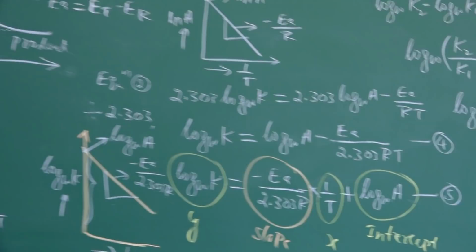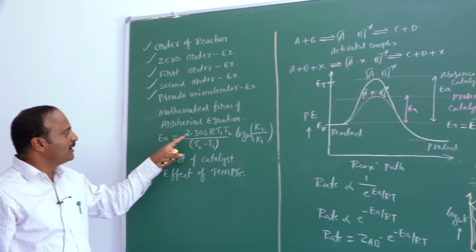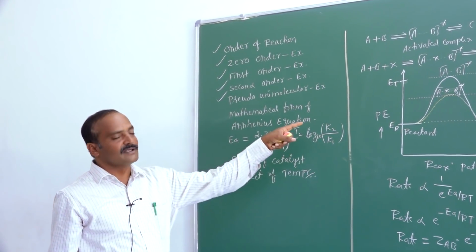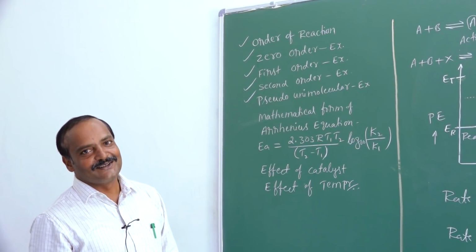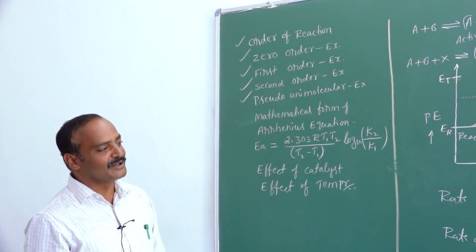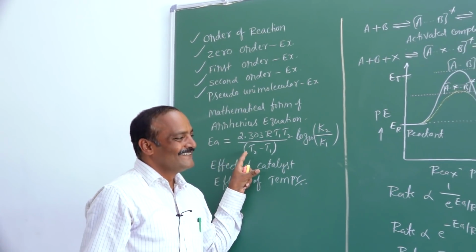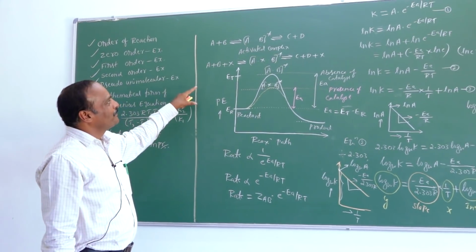This is the mathematical formula of the Arrhenius equation: Ea is equal to 2.303 R T1 T2 divided by T2 minus T1 log base 10 K2 by K1. It's a very simple derivation. Okay, don't worry. Please look here.